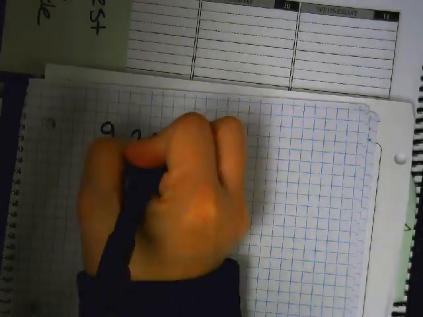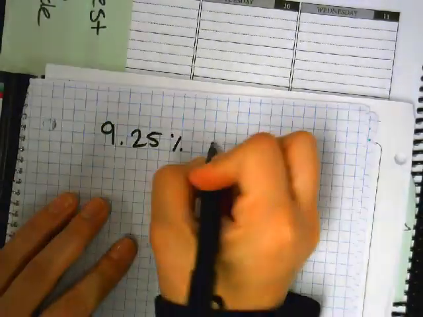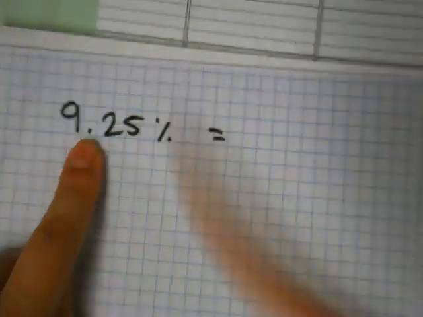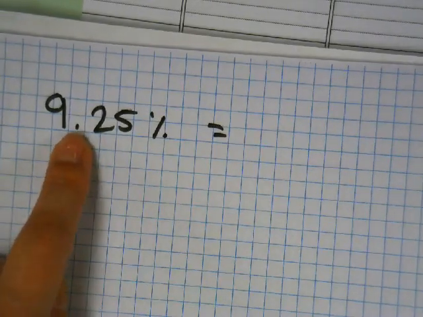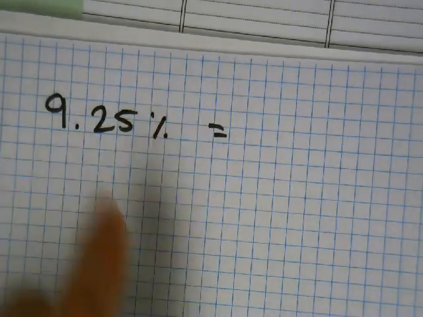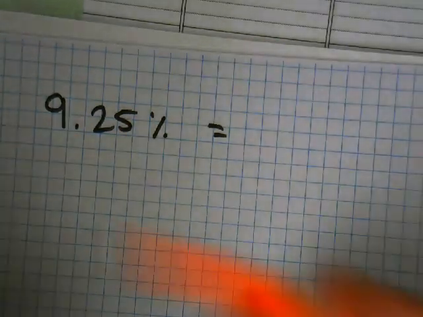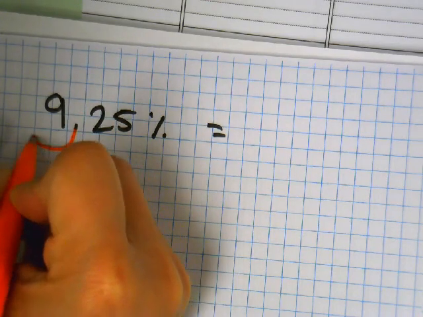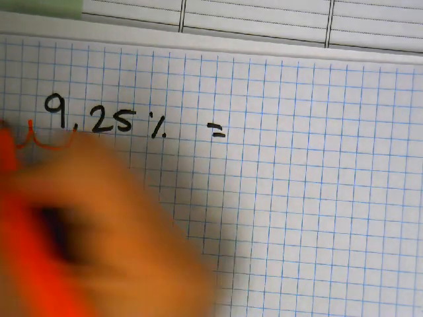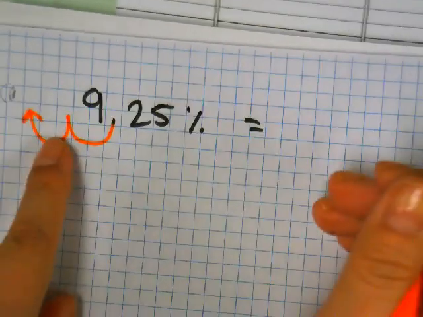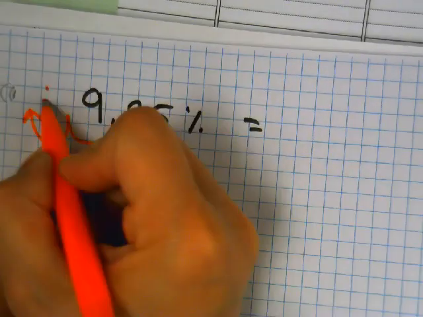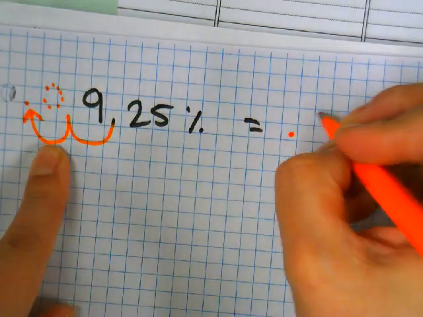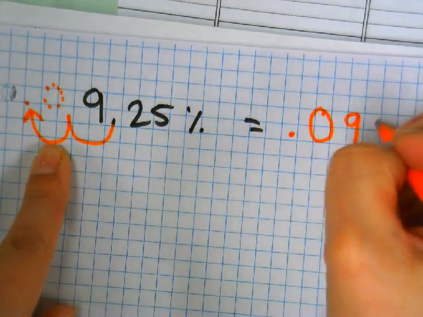Okay, so 9.25% equals. Do you see the decimal? This is different than 40% or 50%. It's there, so that's where you start. I start here and move it 2 times to the front. 1, 2. What goes in that space right there? A 0. And there's my decimal. So my answer would be 0.0925.